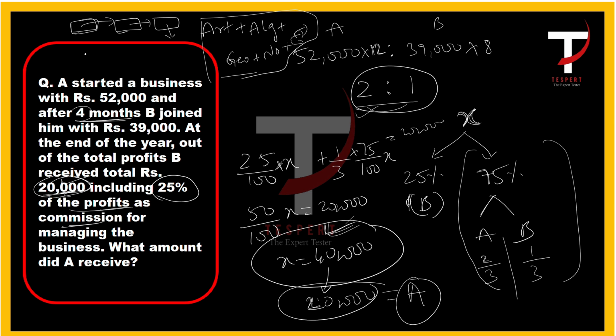So for CAT, out of 34 quant questions, 25% of questions will be of level 1, and almost 40 to 45% will definitely be from the moderate level. The remaining percentage will be harder level questions. But if you practice level 1 and the moderate level questions, you will get more than 98 plus percentile in quant.